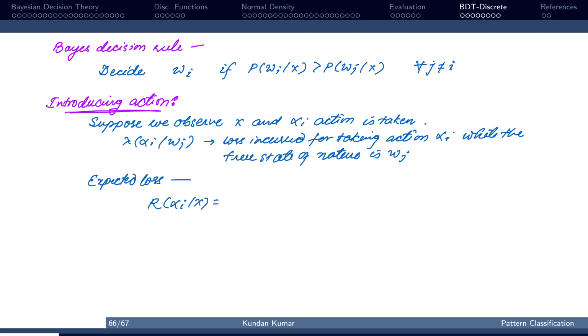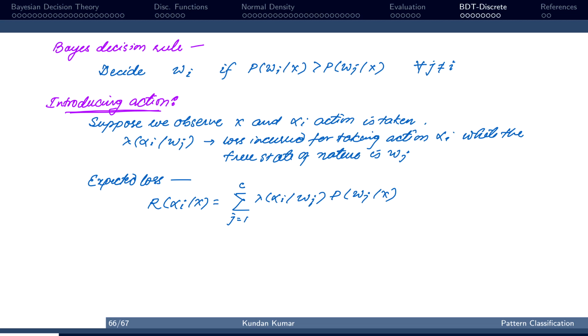That means this is the risk to take the action alpha i, while our observation is feature vector x. Then we compute the risk over all the individual classes, which is lambda of alpha i given omega j into the posterior probability of class omega j, and we take the sum over all the classes.